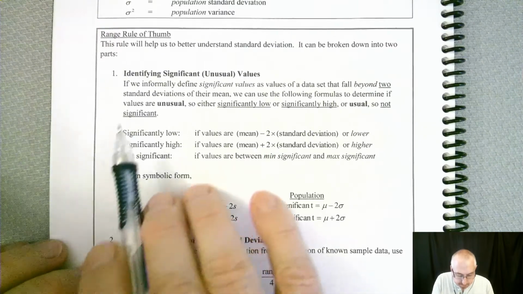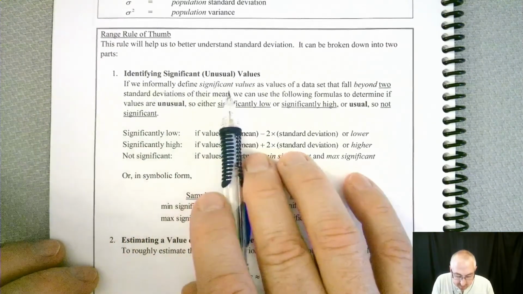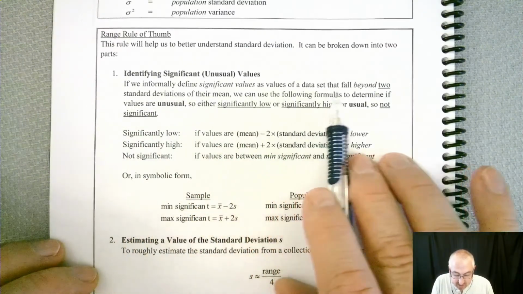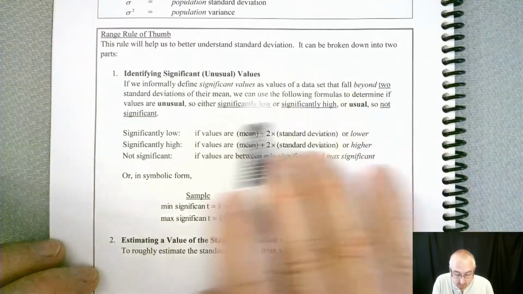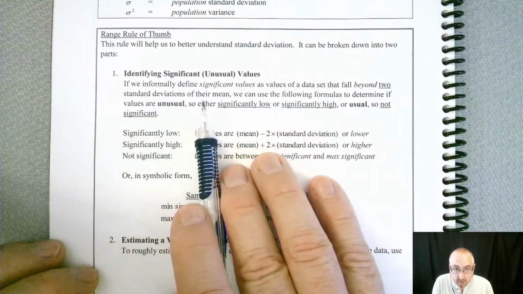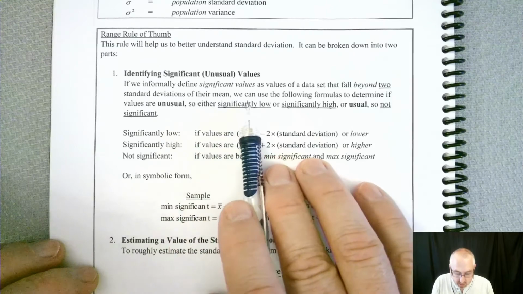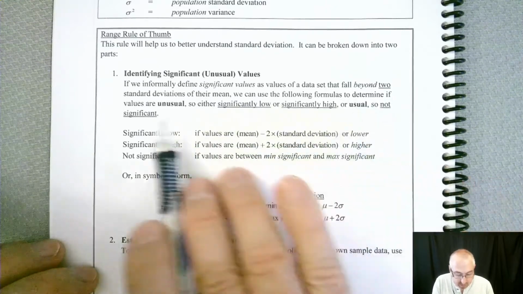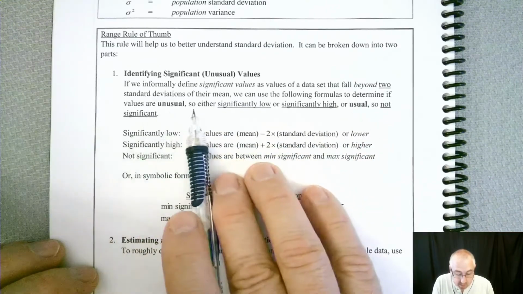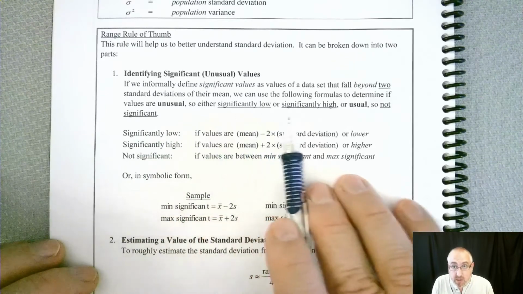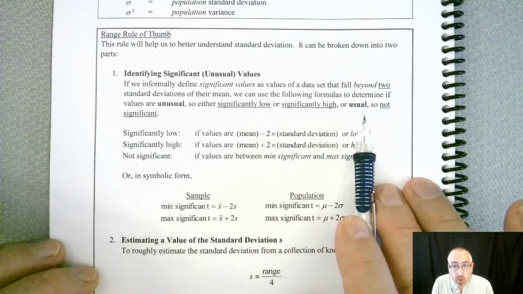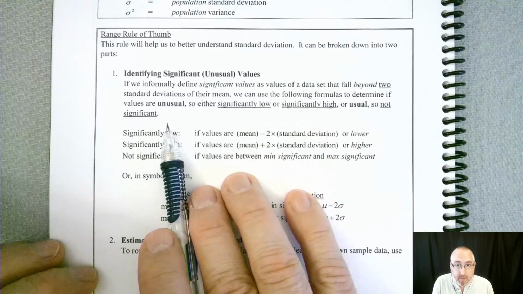So if we informally define significant values as values of a data set that fall beyond 2 standard deviations of their mean, then we can use the following formulas to determine if values are unusual, which means that they're either significantly low or significantly high, or usual, so they're not significant.